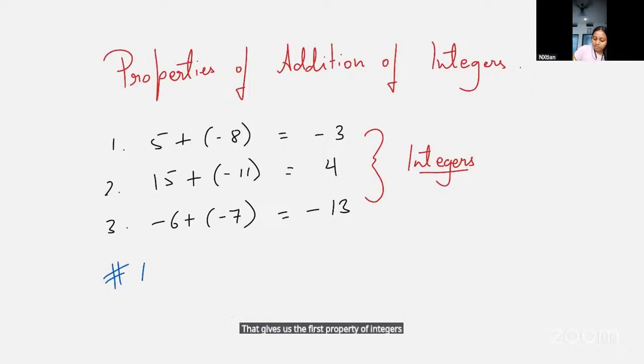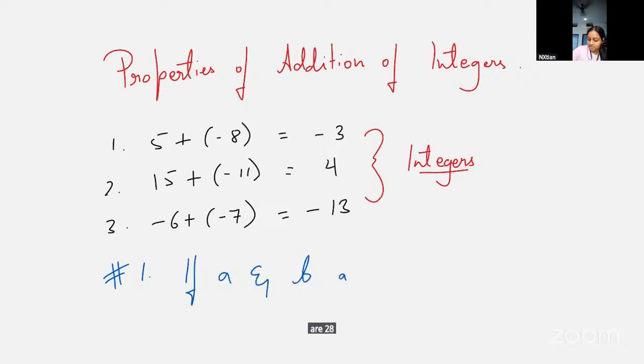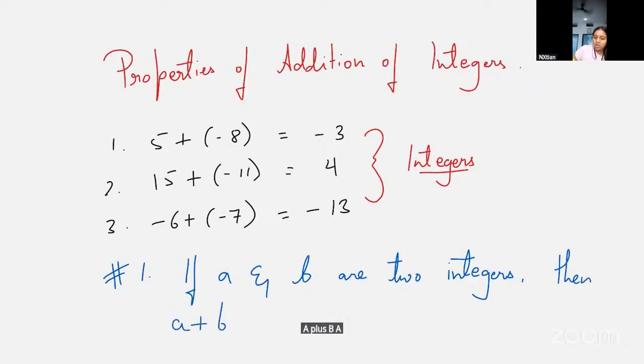If A and B are two integers, then A plus B will also be an integer.